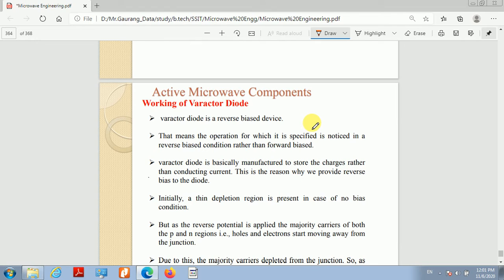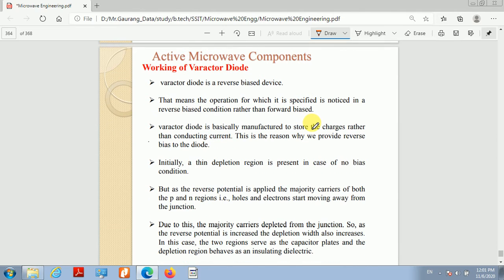Due to this, the majority carriers are depleted from the junction, so the width of the depletion layer will increase. मतलब जो holes and electrons है वो junction से दूर जा रहा है, meaning the region becomes depleted of carriers near the junction. So ultimately the width of the depletion layer will increase.